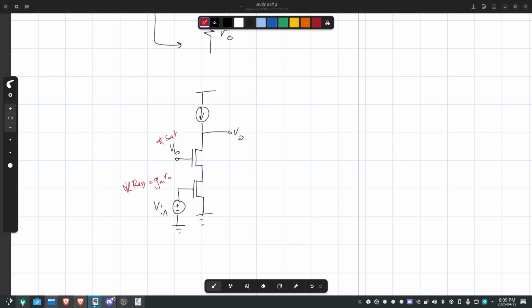Let me just check. I forget how I wrote it down. Okay, correct me if I am wrong. Yeah, okay, AV is gm ro.